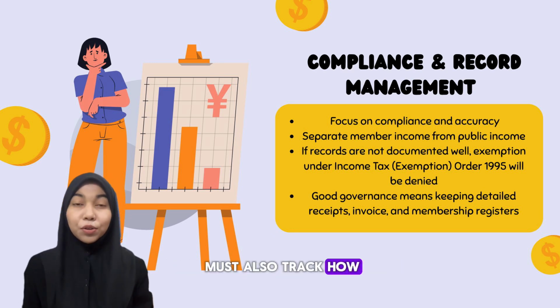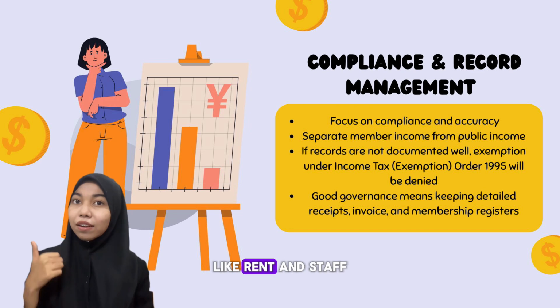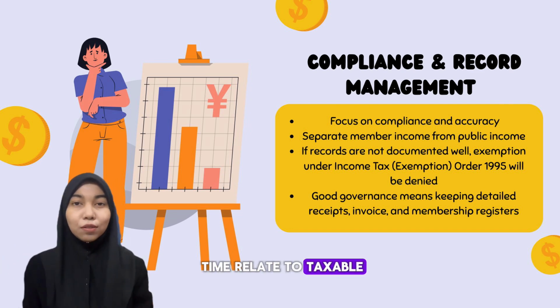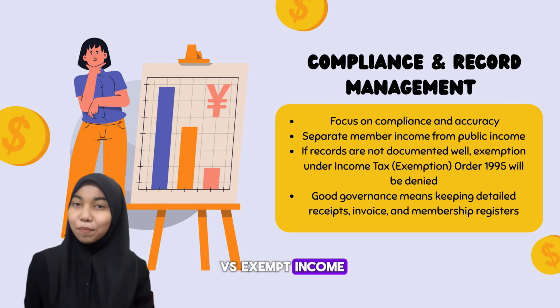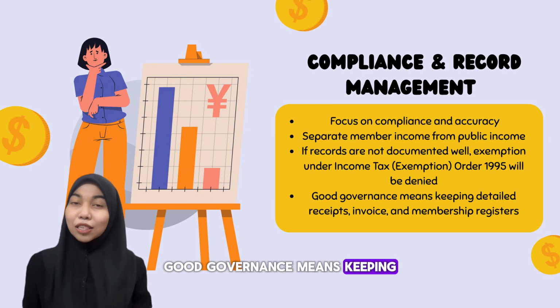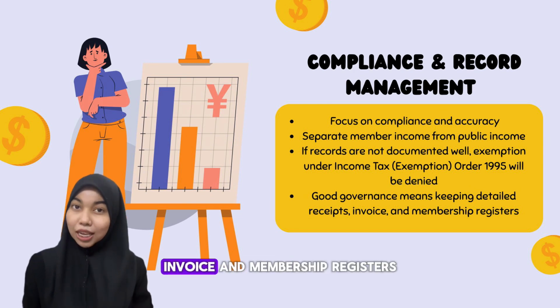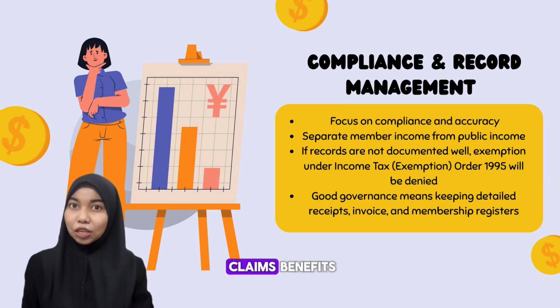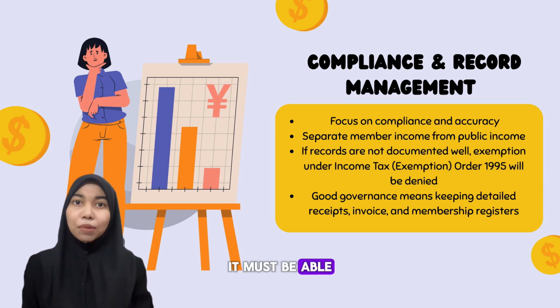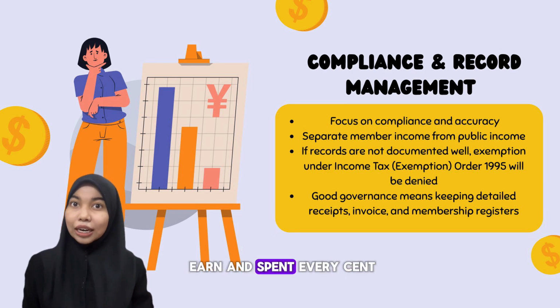Associations must also track how shared expenses like rent and staff time relate to taxable versus exempt income. Good governance means keeping detailed receipts, invoices, and membership registers. If a trade association claims benefits, it must be able to justify how it earned and spent every cent. That's how we protect the association and its exemption rights.